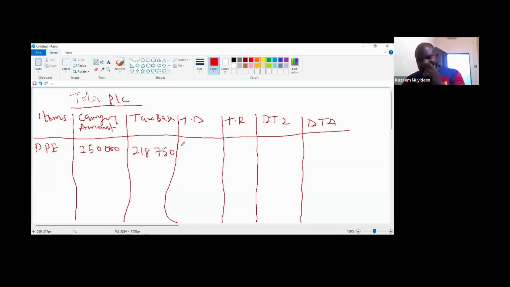Has it created a temporary difference? Yes. What is the difference now? I'll say 250,000 minus 218,750. That will give us 31,250. What is the tax rate given in the question?